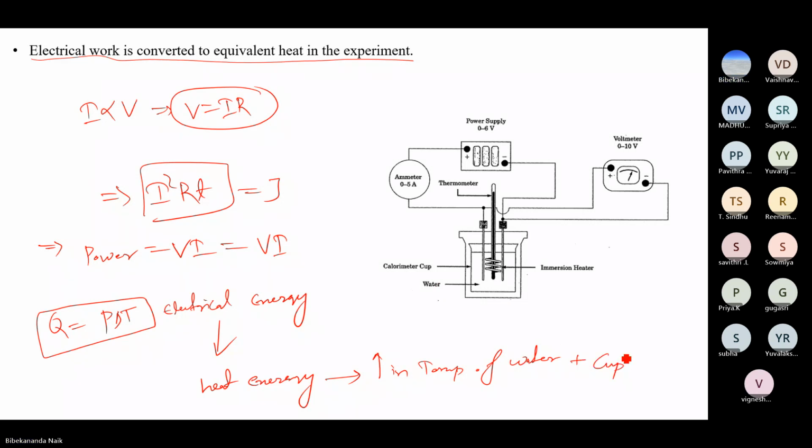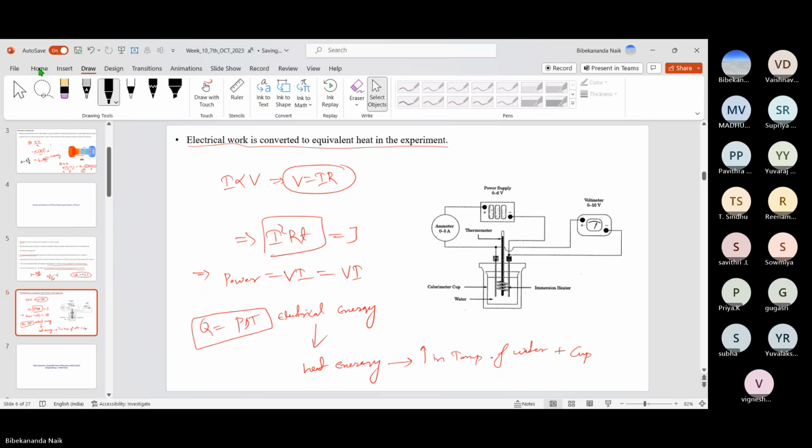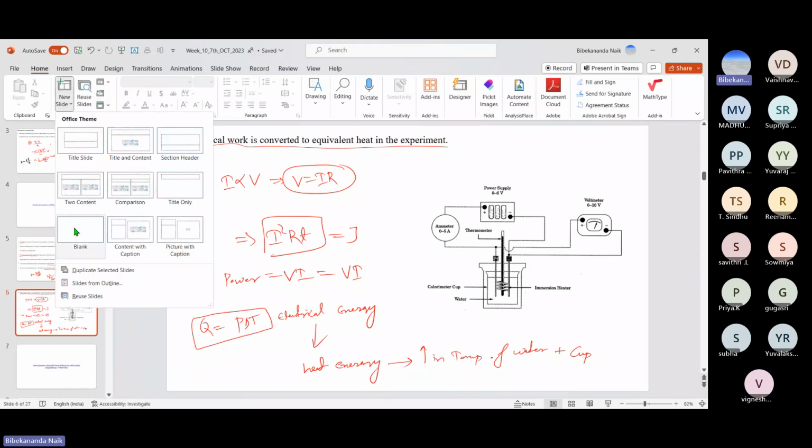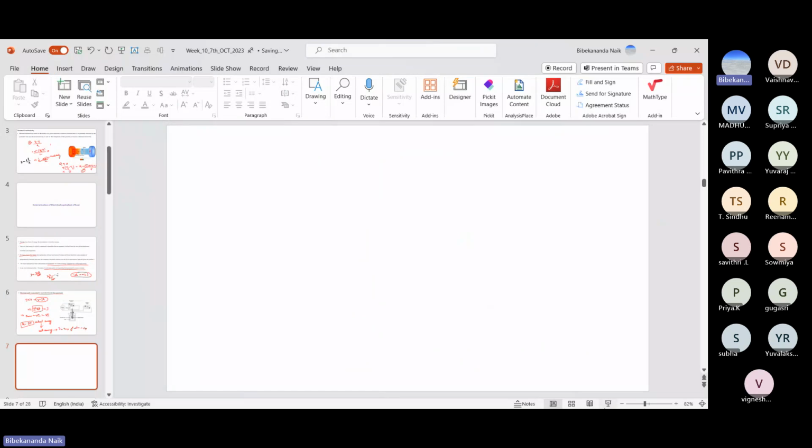So if you apply the principle of calorimeter, that is, the total heat supplied by the immersion heater is utilized in heating the water and the jar. So in that case, how much will the total heat energy be?